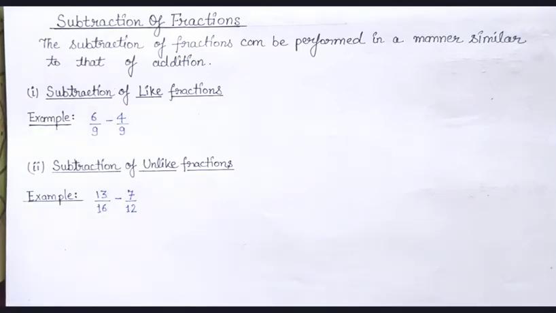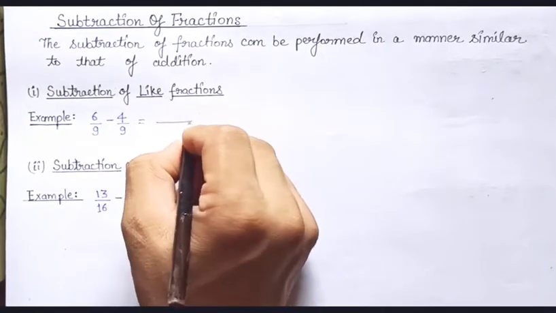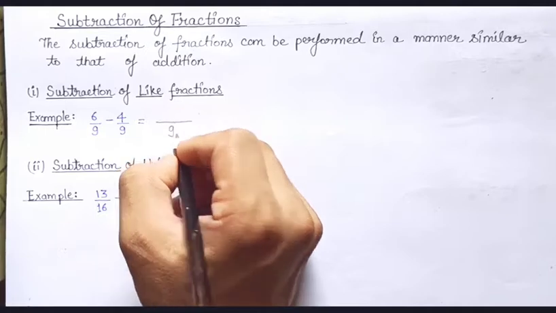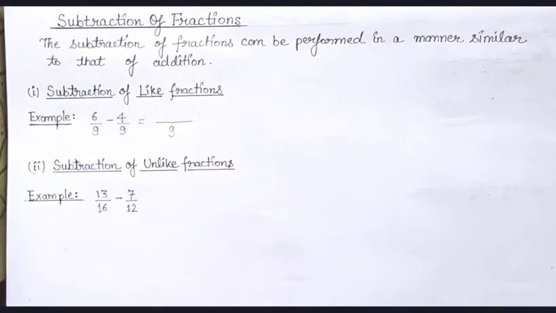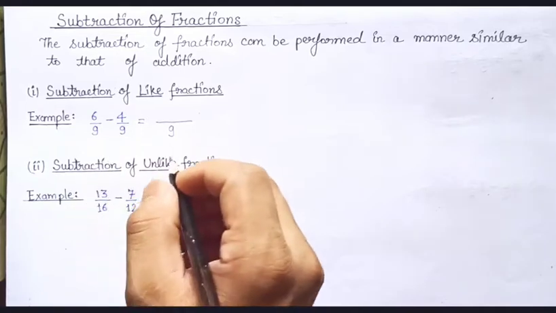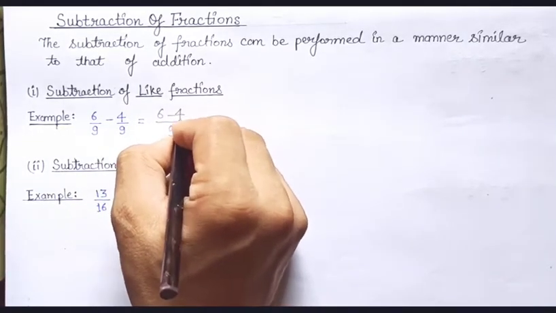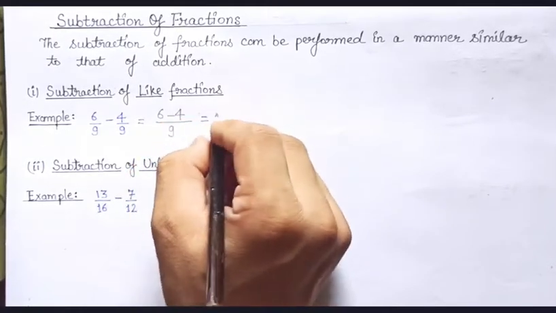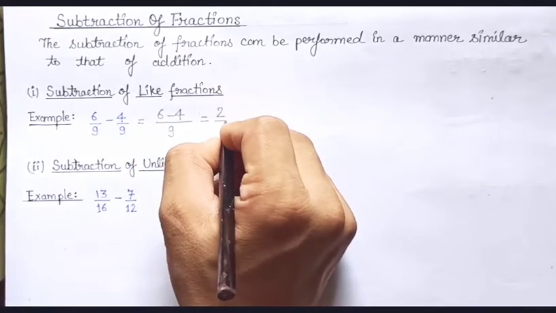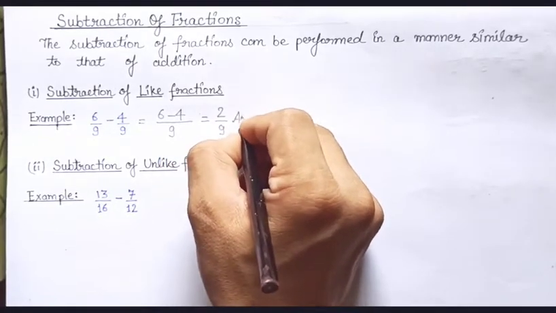Whenever we have to subtract two like fractions, we keep the denominator the same as given in the fraction, that is 9, and in the numerator we subtract the numerator values, that is we put here 6 minus 4. So 6 minus 4 comes out to be 2, and in the denominator we have 9. So this is our answer.